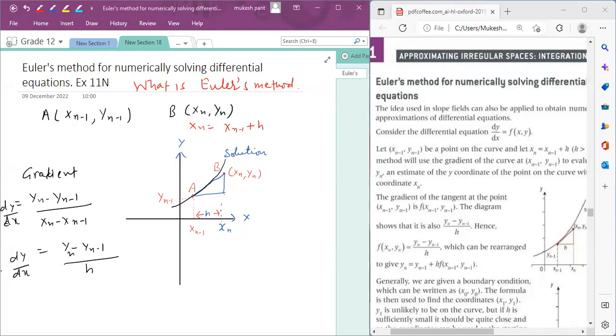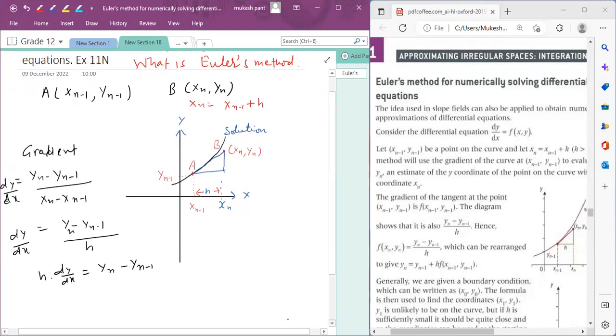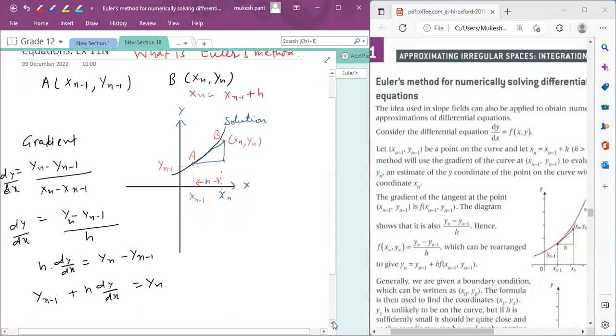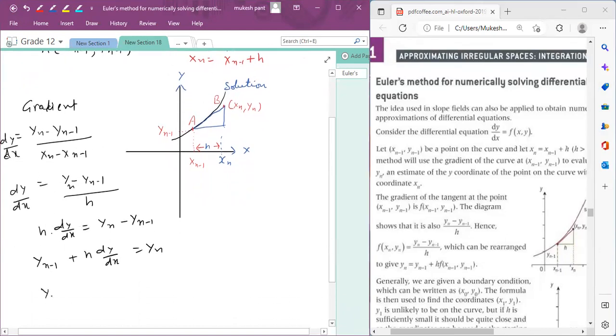So you can do cross multiplication, h times dy over dx will be equal to yn minus yn minus 1, right? Or you can shift this yn minus 1 to the other side, so this becomes positive, and you can write yn equals yn minus 1 plus h dy over dx. So this is Euler's formula, Euler's method to evaluate yn.